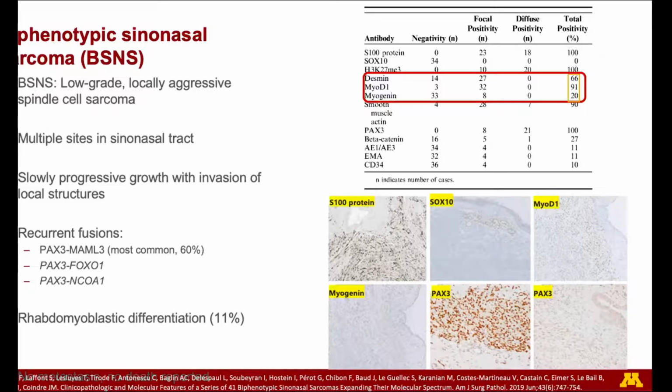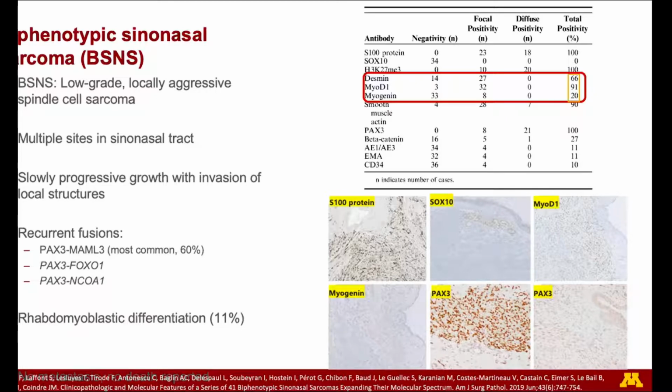In 2019, Dr. Rooper studied 41 cases of BSNS and studied the molecular spectrum and immunohistochemical profile. These tumors showed 100% positivity for S100 protein and were negative, dead negative actually, for SOX10.